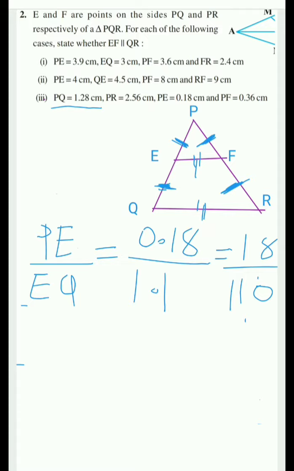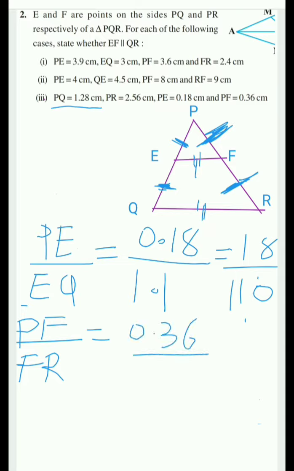We don't want to reduce because in the next figure, as we are finding PF upon FR, that will be equal to 0.36. And as you know the value of FR, that will be 2.2.